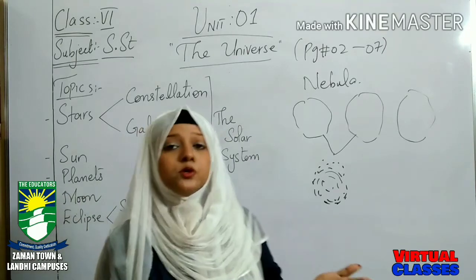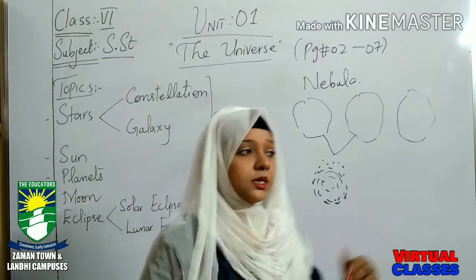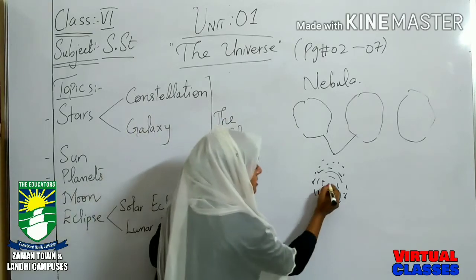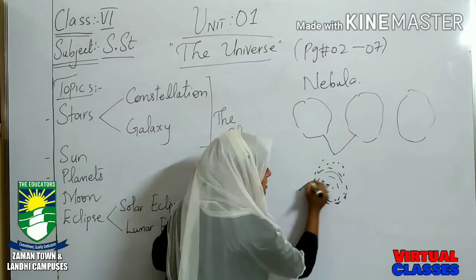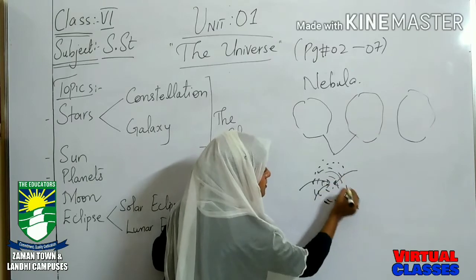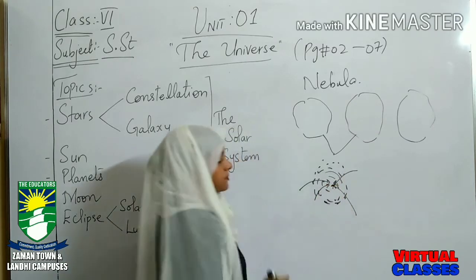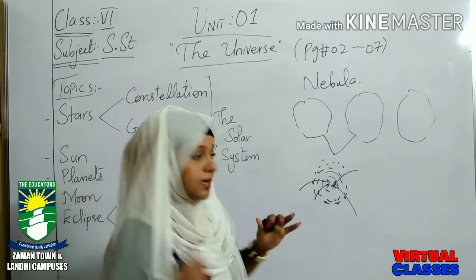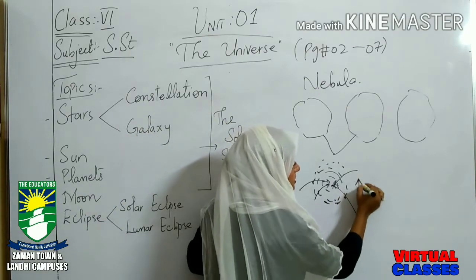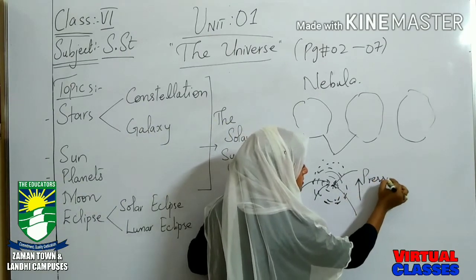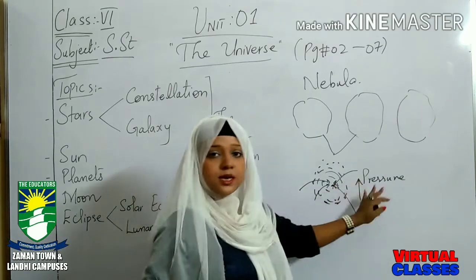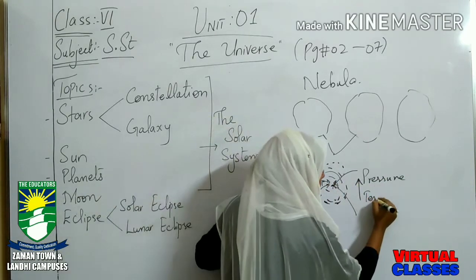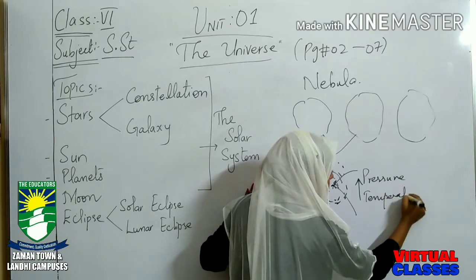How do they produce light? These small fragments start rushing into the central part of this fragmented nebula. That results in an increase in pressure as well as an increase in temperature.